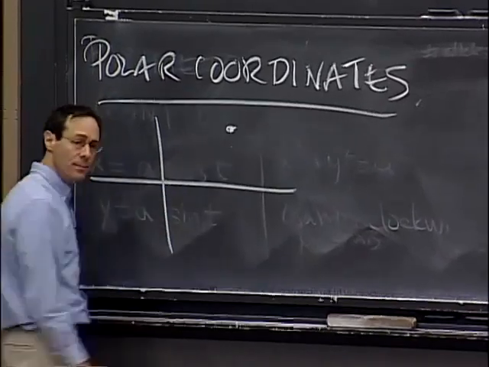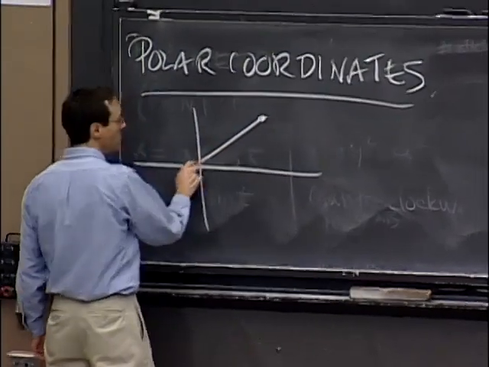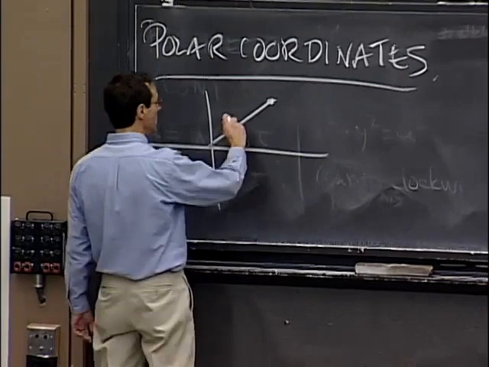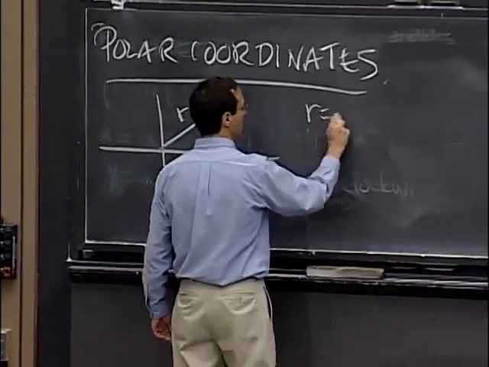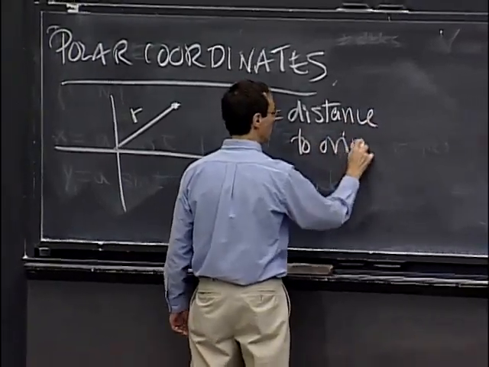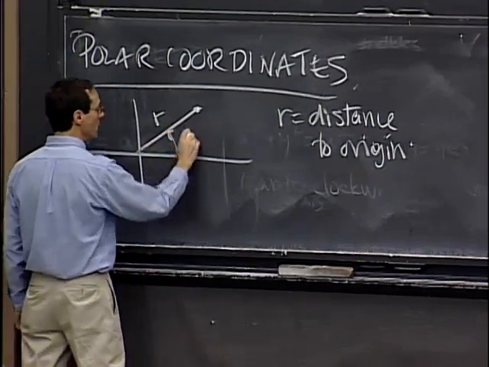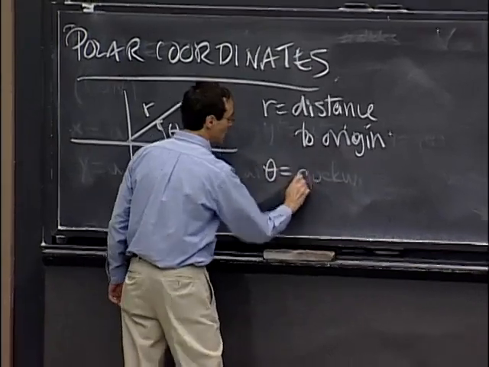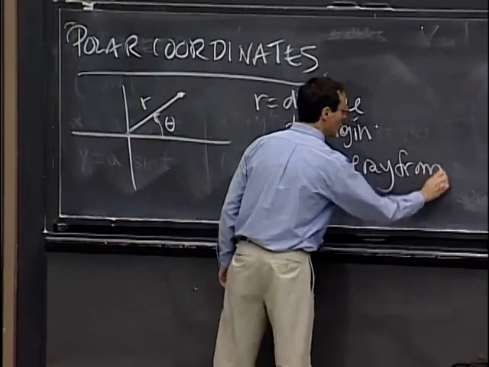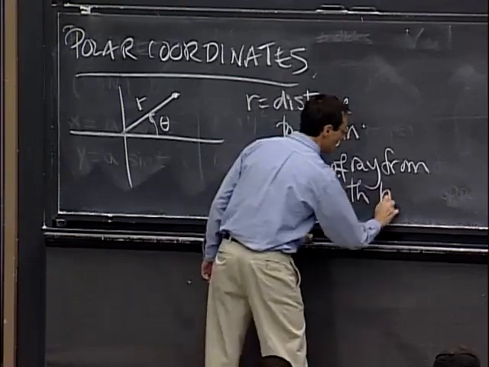Here's a point in the plane, and here's what we think of as the usual xy axes. And now this point is going to be described by a different pair of coordinates, different pair of numbers, namely the distance to the origin, and the second parameter here, second number here, is this angle theta, which is the angle of the ray from the origin with the horizontal axis.